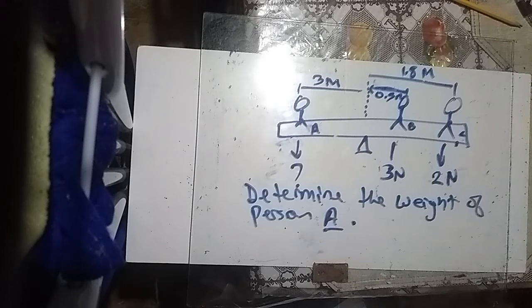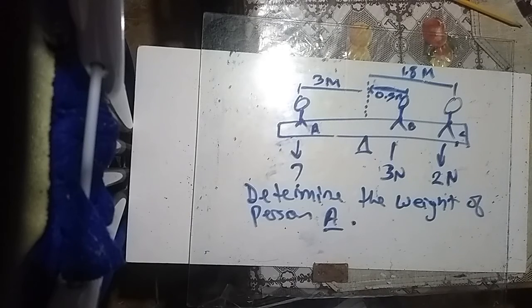The answer is yes. But you're asking yourself now, sir, how may I do that when I have 3 forces? You want me to find one of the forces unknown, and they give me 3 different distances, one for each person. How am I going to work this out? It is quite simple.